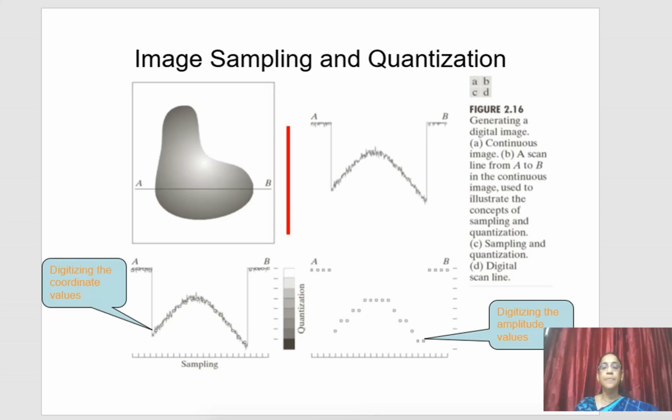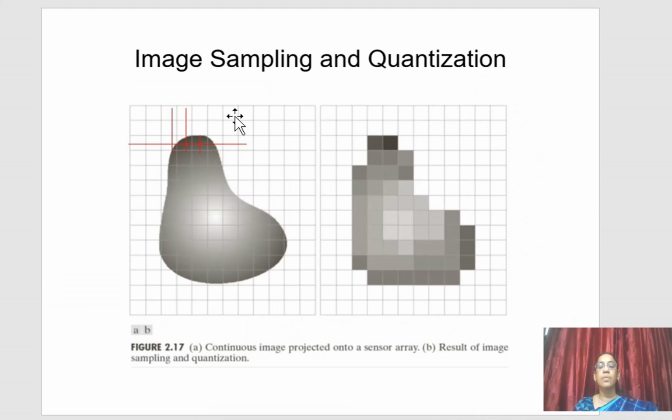So for example, here this is an analog image, the image which we captured. When you look at this part, this is the number of rows and columns.